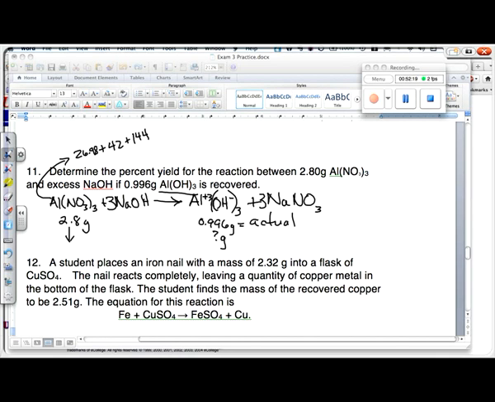And I end up with 212.98 as my molar mass, grams per mole. So I'll take my 2.8 grams and divide by that, so very small amount, 1.31 times 10 to the minus 2 moles.